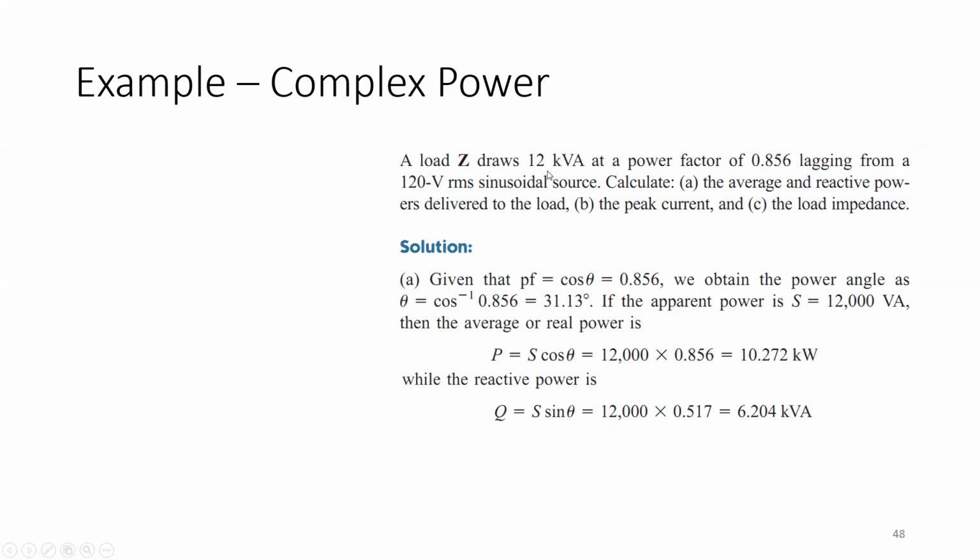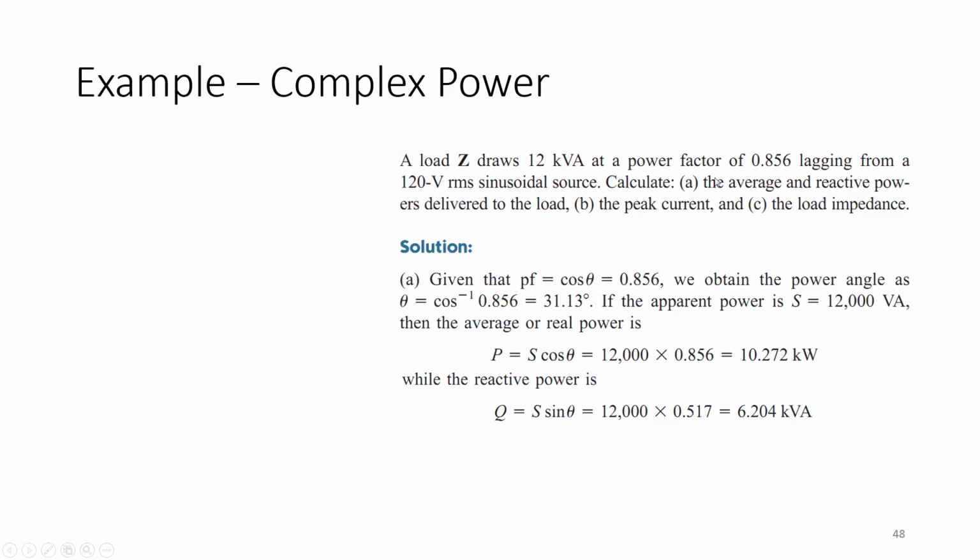Another example: a load draws 12 kilovolt ampere, so it is S, either complex or apparent power. Because the angle is not mentioned, it is mostly the apparent power, and the power factor is this one. From a 120 volt RMS sinusoidal source, calculate the average and the reactive power delivered to the load, the peak current and the load impedance.